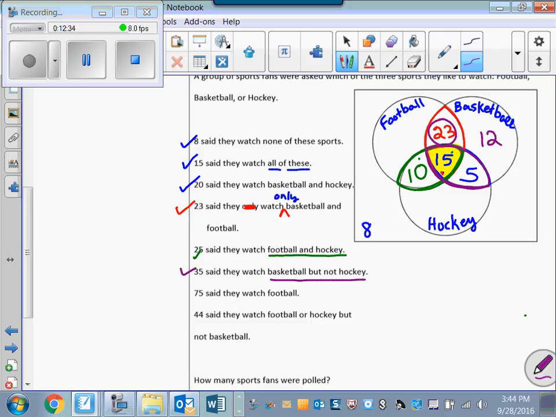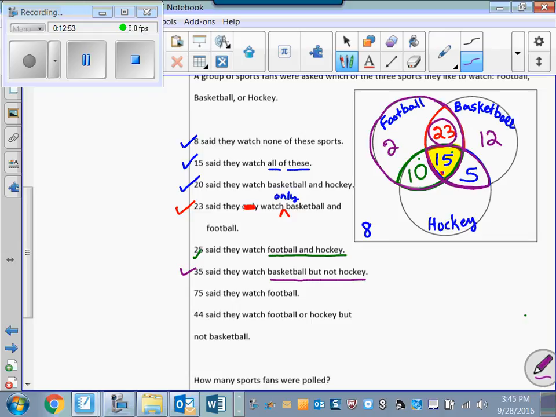I've got 75 now who say they watch football. So all I got to do now, my football circle, every number in there has to add up to 75. So what do I got? 25 and 23. So that's 48. I need 75.